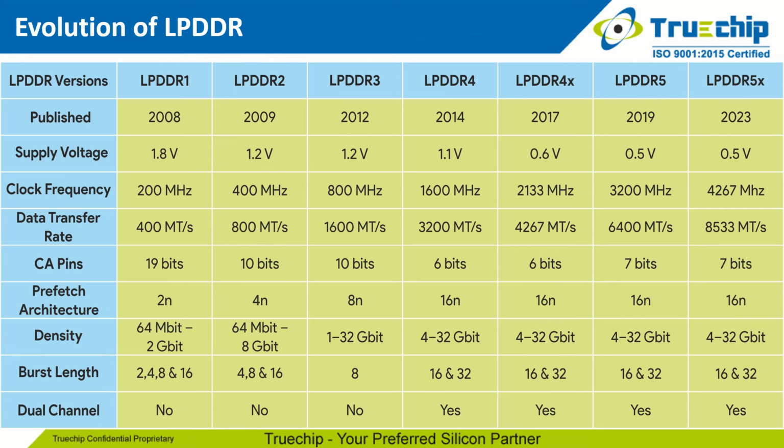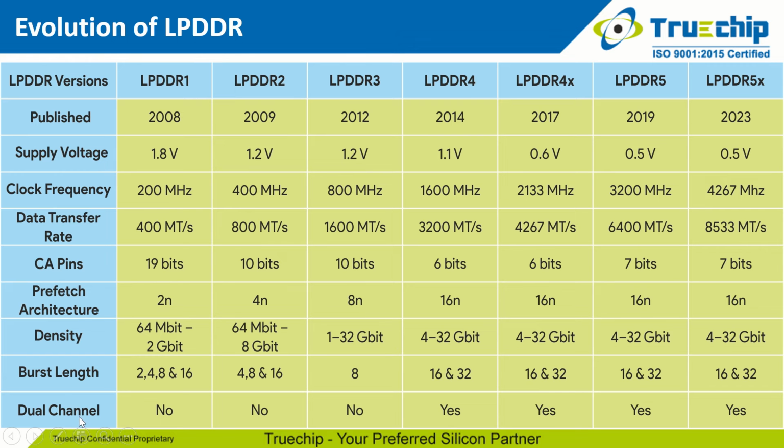That's why memory uses a prefetching architecture to deal with data storing from the LPDDR bus interface to its own memory. Hence, with each version of LPDDR memory, it is enhancing its prefetching size. Starting from LPDDR1, where it was just 2N fetching 2 bytes, the latest one, LPDDR5X, is prefetching 16N fetching 16 bytes from the bus interface.